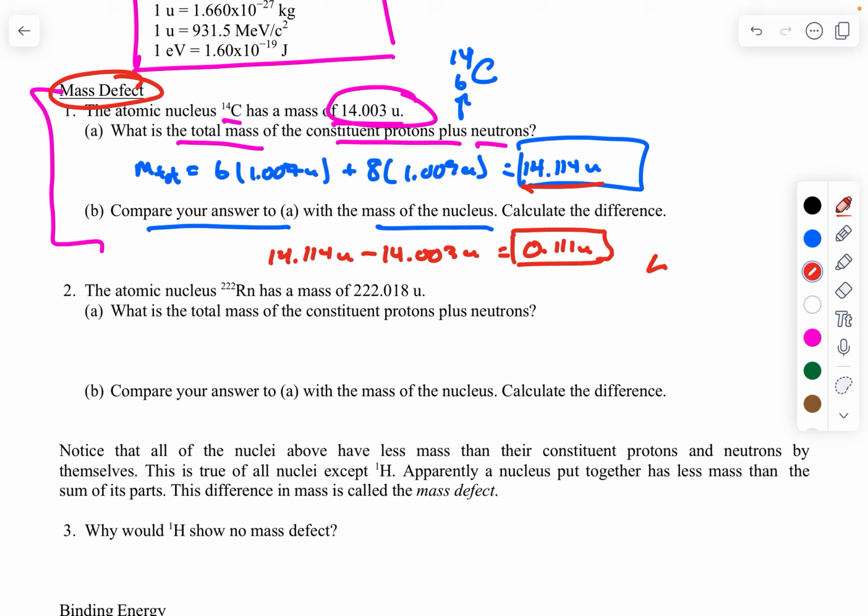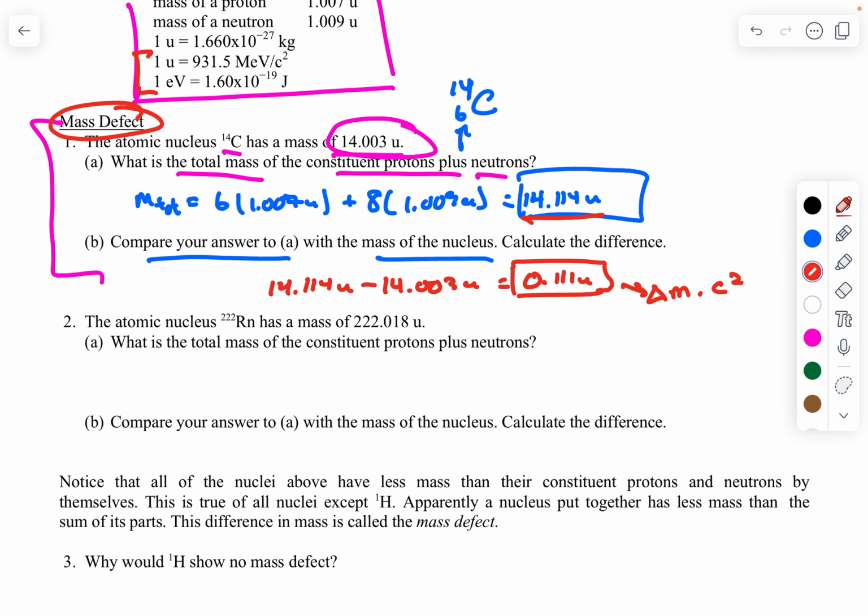If you take the mass defect, delta M, and multiply it by C squared, you have to convert it first into energy. Then you can find the binding energy that was required for the mass defect to be there.